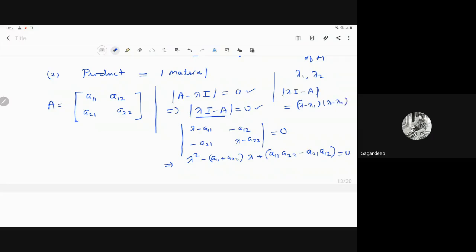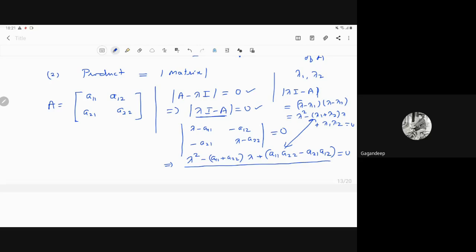Naturally, lambda 1 and lambda 2 are factors of this because these are roots of the characteristic equation. So what do you get from here? Lambda square minus (lambda 1 plus lambda 2) times lambda plus lambda 1 lambda 2. This is another characteristic equation in terms of lambda 1 and lambda 2. This you have solved from the given matrix. Compare the two.